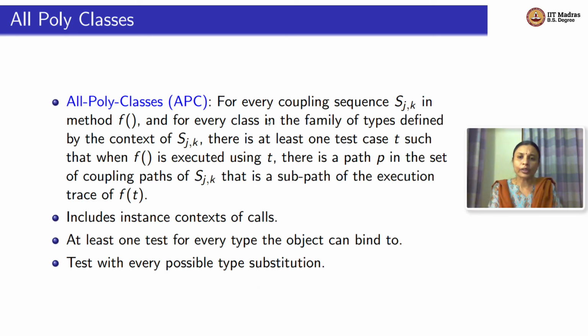For every coupling sequence SJK in the coupling method F, for every class in the family of types defined by the context of SJK through an inheritance hierarchy like we saw in that example, there's at least one test case T such that when this method is executed using that test case T, I should be able to find a path P in the set of all coupling paths of SJK that is a subpath of the execution trace of F on T. So this includes basically at least one test for every type the object can bind itself to. So it says for every class in the family of types.